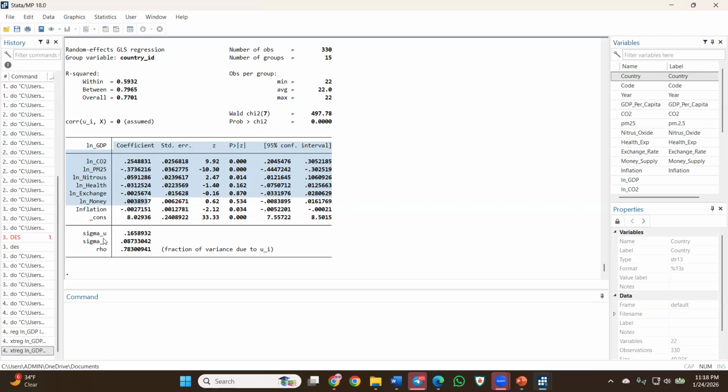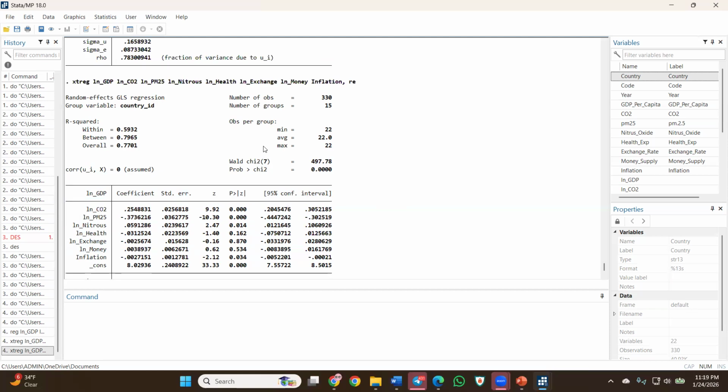Can I ask a question? Yes, please. Is the confidence interval always 95? Yeah, depending on the model we are using, the model uses 95.